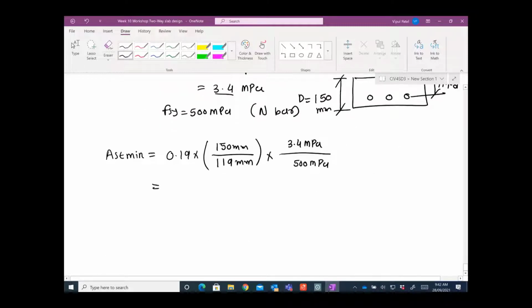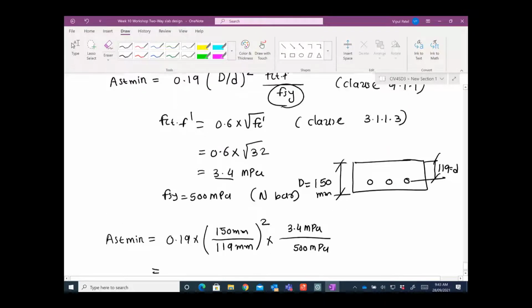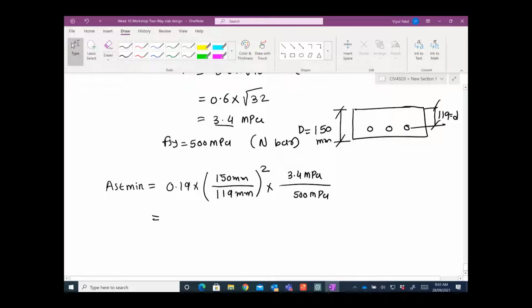So you can just plug those values into your calculator and get the Ast minimum. 3.4 divided by 500. I think I did something wrong there, I did not do the square, sorry. So there is a square there. So 150 divided by 119 squared, times 3.4 divided by 500, times 0.19.